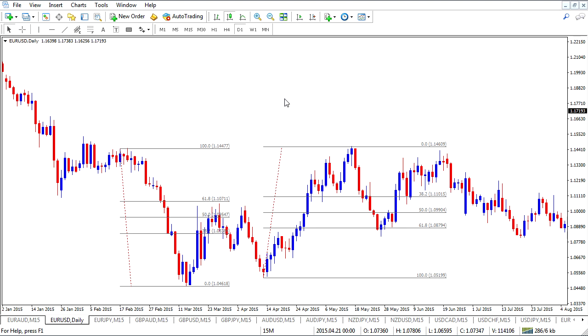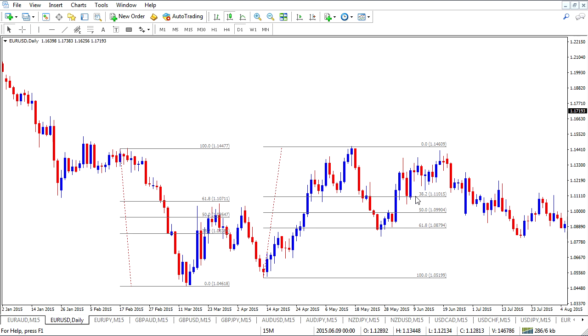And this is a pullback that we're going to see in the markets over and over and over again. It's so common that every trader generally knows about these Fibonacci numbers. They may not know what the sequence is, where the numbers come from, but the 61.8% retrace is almost ingrained in every trader's mind. They know that number.